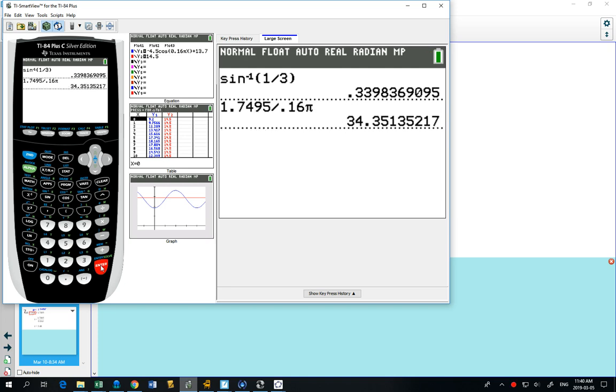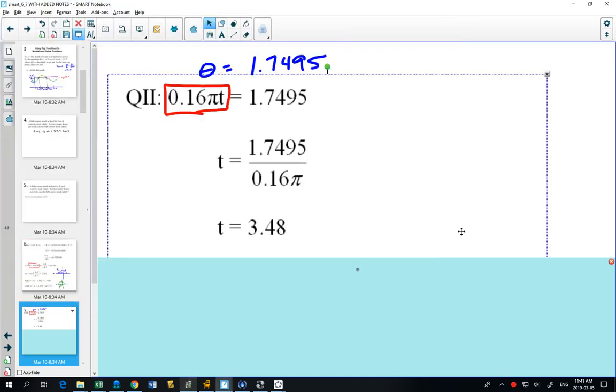Doesn't it look like I typed in everything right? Okay. What your calculator does in this situation is it does order of operations. It does 1.7495, then it says, you want me to divide by 0.16? It does that, and then it gets an answer and then says, oh, you want me to multiply by pi. But in reality here, we also want to divide by pi.